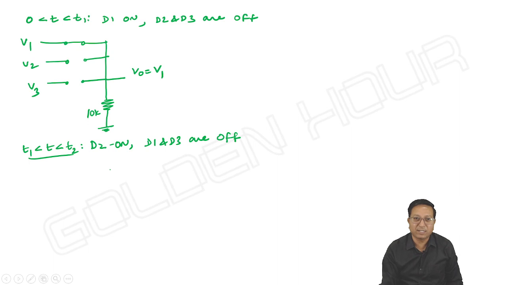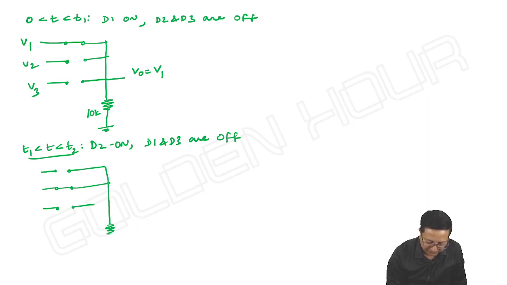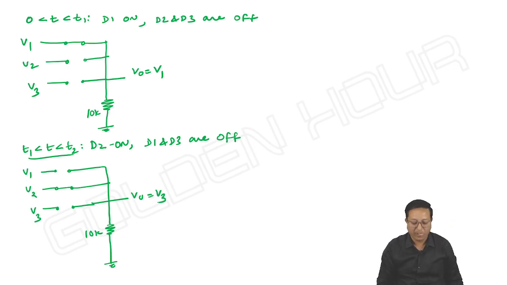D1 acts as an open circuit, D2 acts as a short circuit, and D3 acts as an open circuit. What is our output? V2.